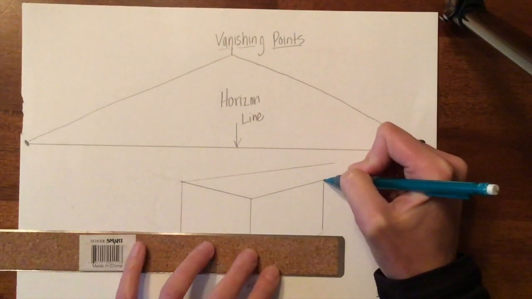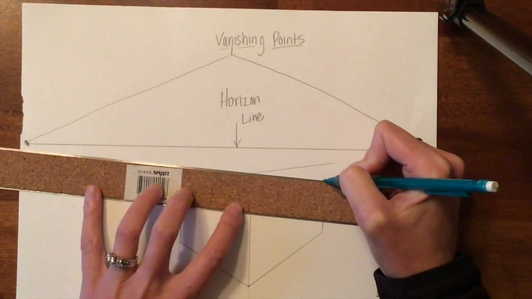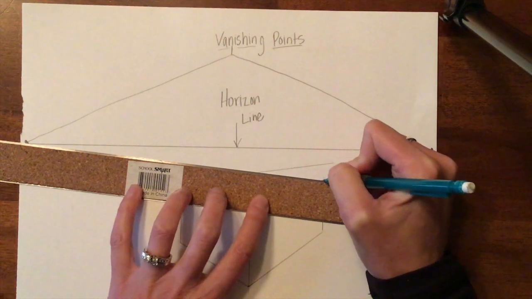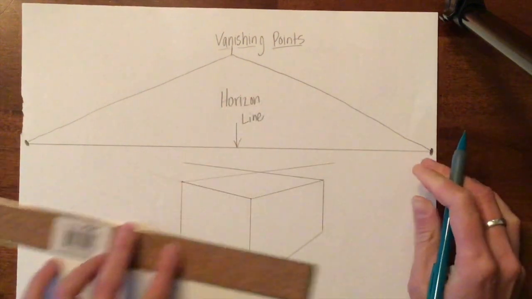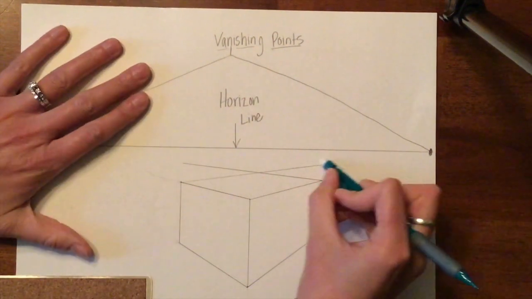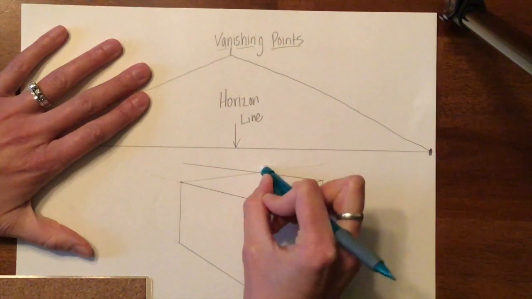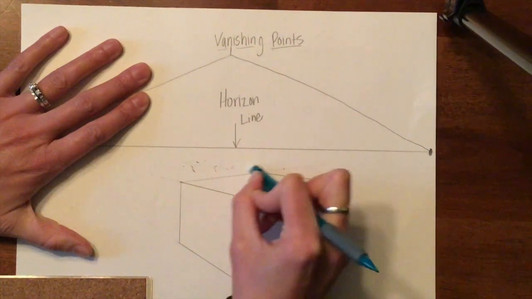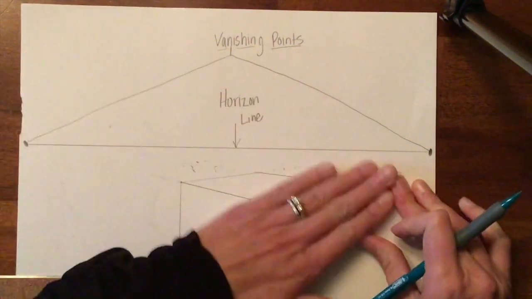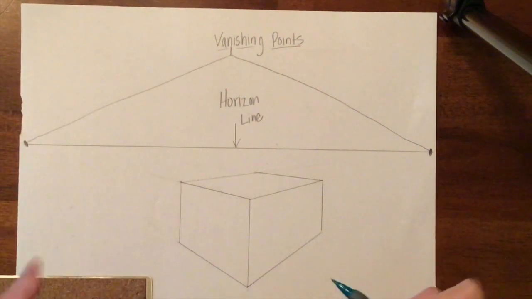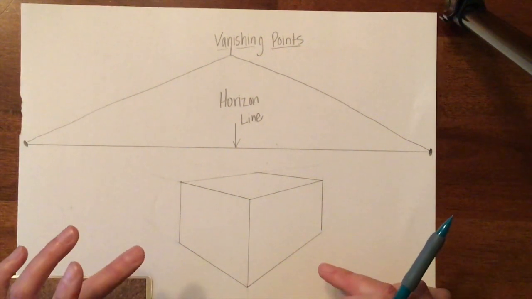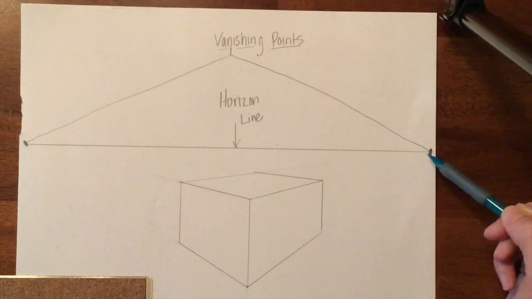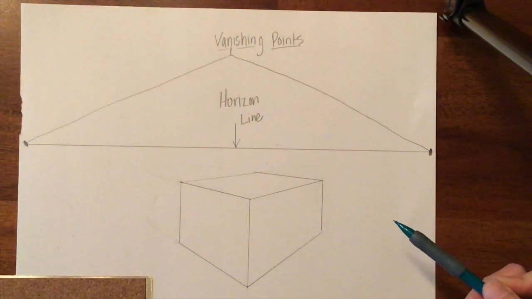I'll touch my ruler right to this top line and touch my ruler to the opposite vanishing point and draw my line. And then I erase the extra. So now I have a perfect box, okay? It is drawn exactly the way it should be because I drew it to the vanishing points.